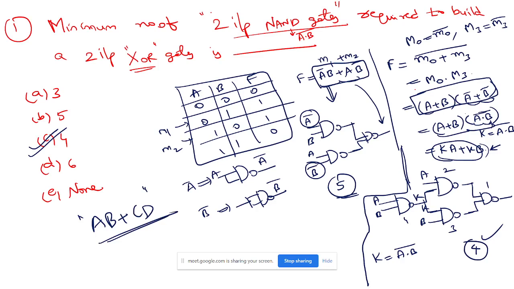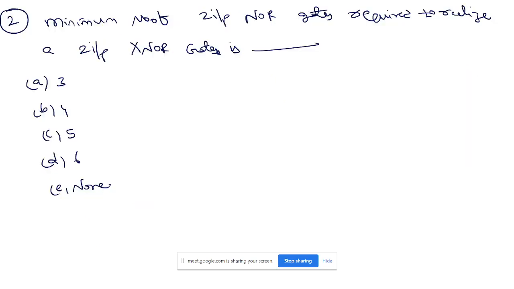Now, let's move on to the next one. Minimum number of 2 input NOR gates required to realize a 2 input XNOR gate.